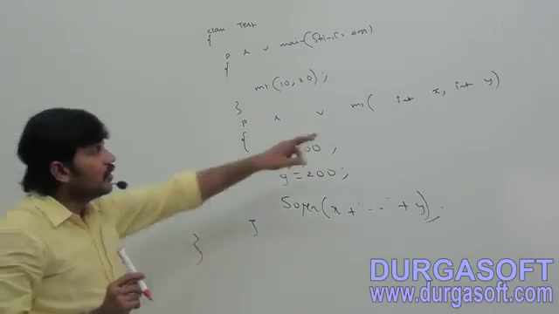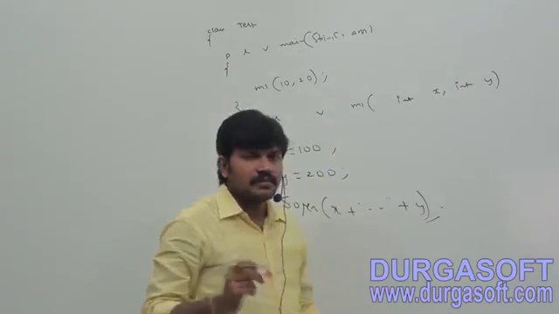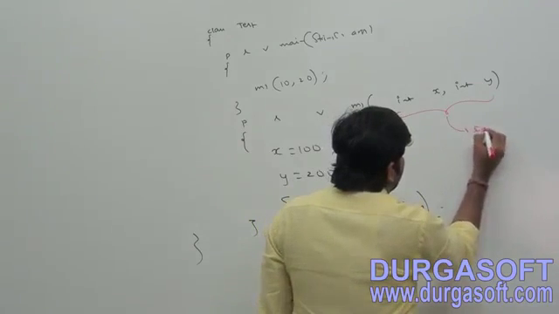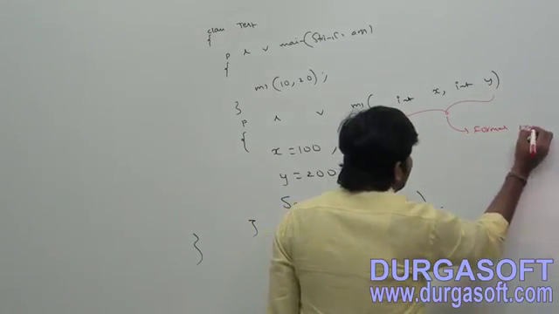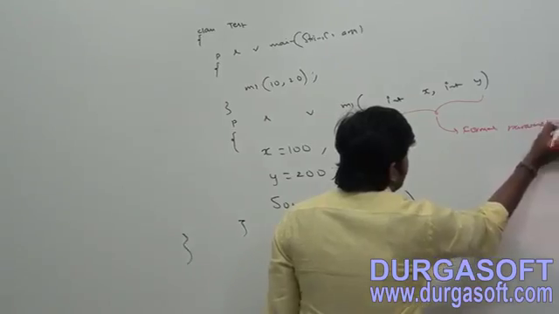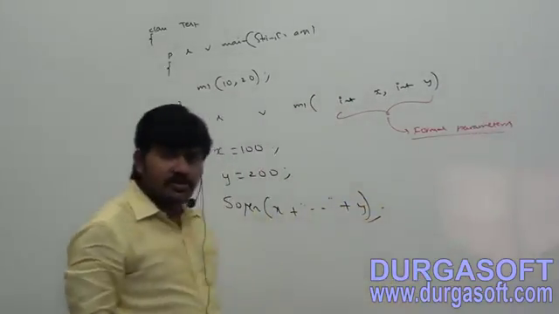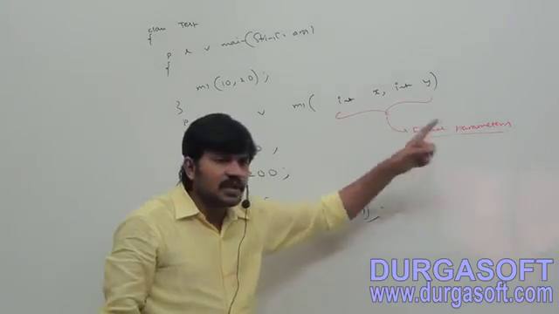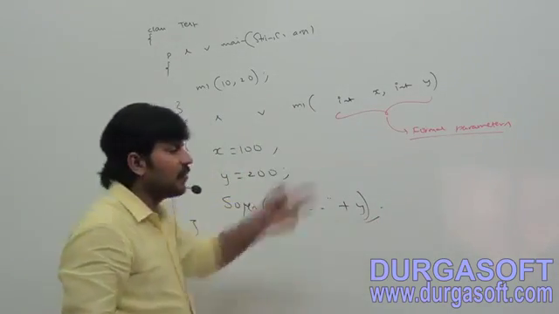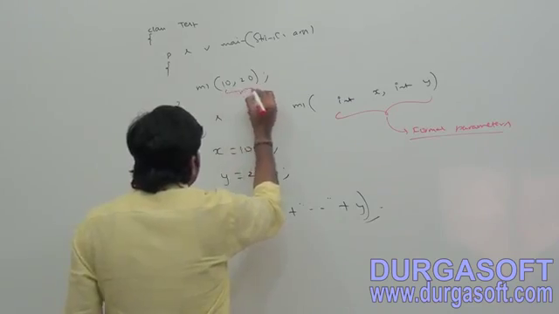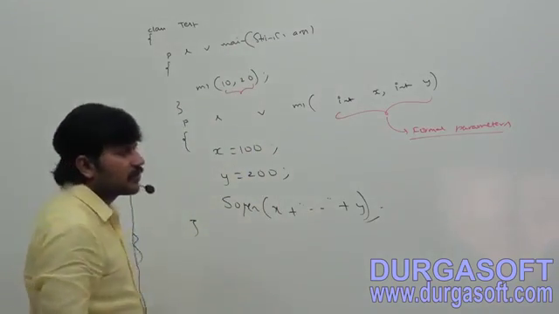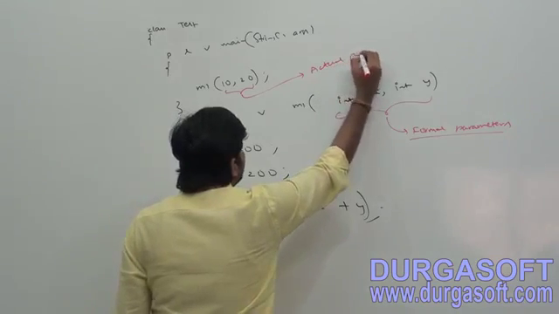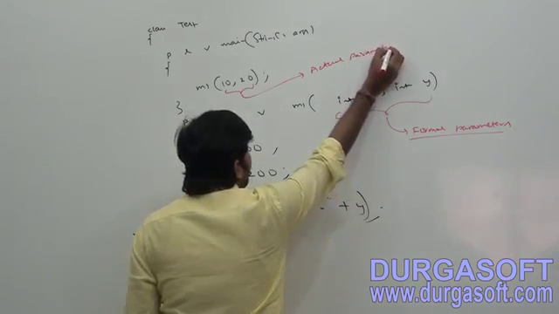Do you know, int x and int y are by default considered formal parameters. The values we are passing are considered actual parameters, or actual values, or arguments.